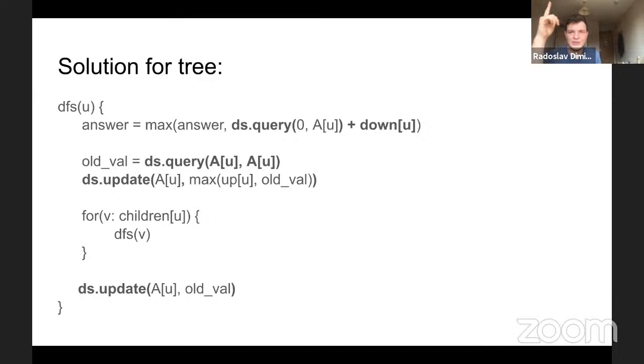When you do a DFS, you go through a child, and after you visit everything, you need to remove it, because after you visit the whole subtree, it will never be needed in any path after the ones we have already computed.